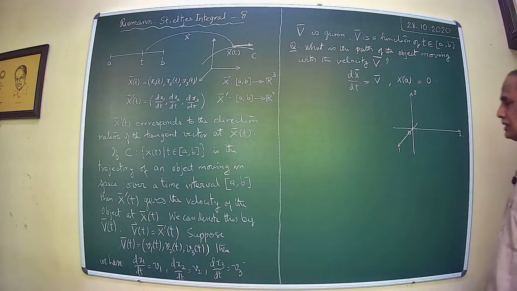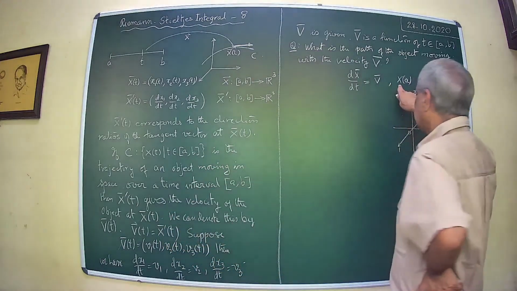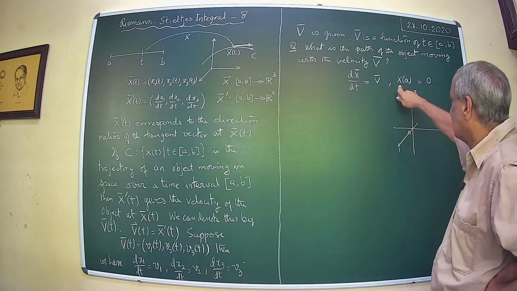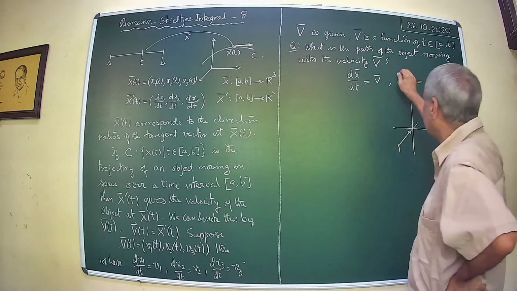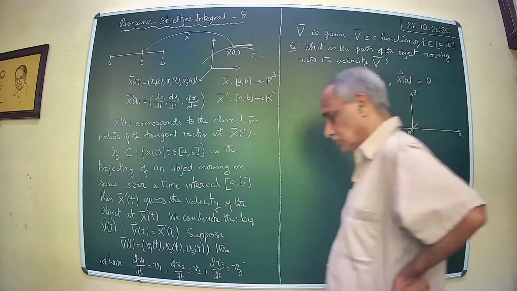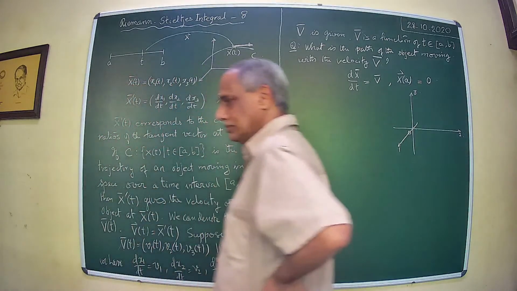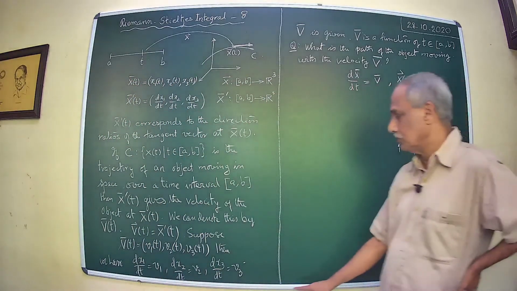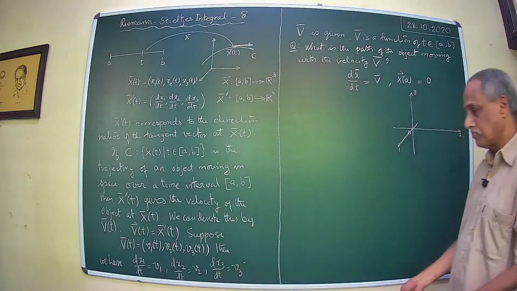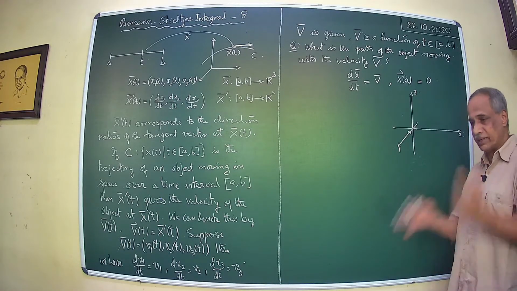Now what you are asking is this: at time a, the position is given as the origin. Now we want to trace the movement of the particle subject to this restriction. That means its velocity at a given time is the given vector valued function.